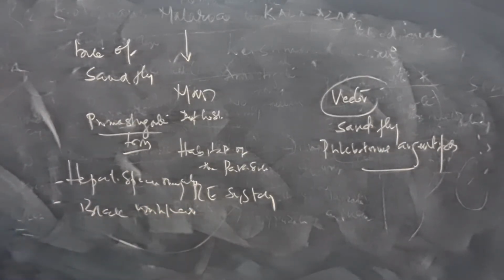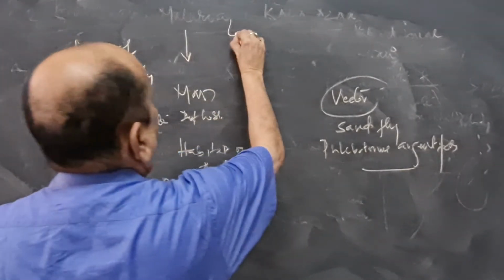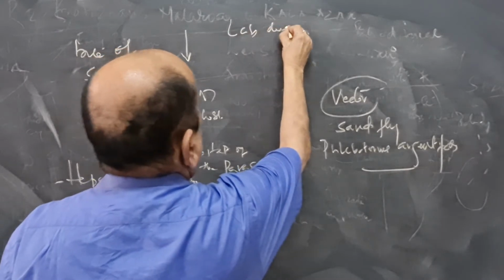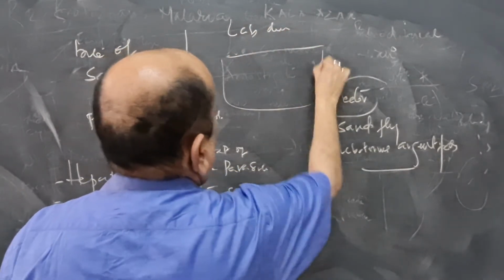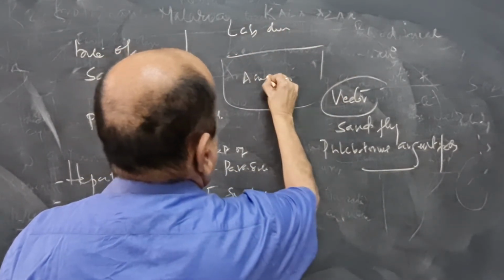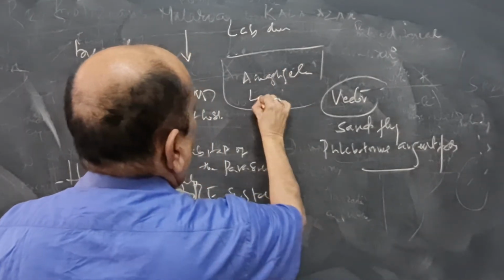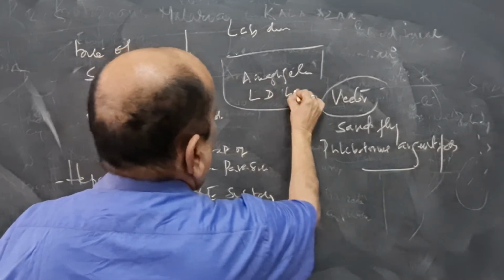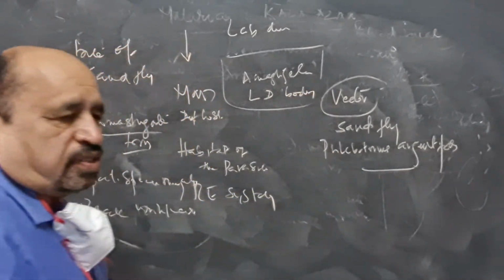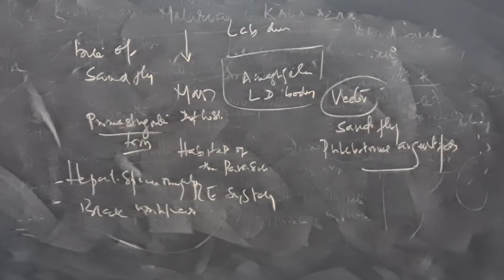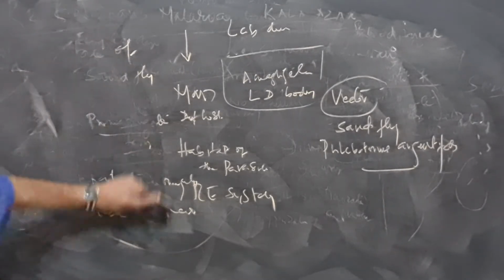That's why it's called kala-azar. Lab diagnosis is done by demonstration of amastigotes, called LD bodies, Leishman-Donovan bodies, in macrophages and monocytes.